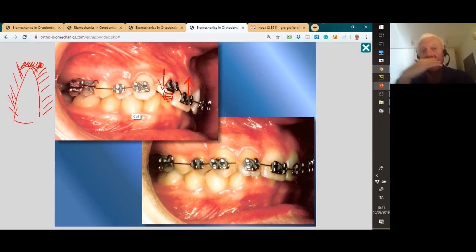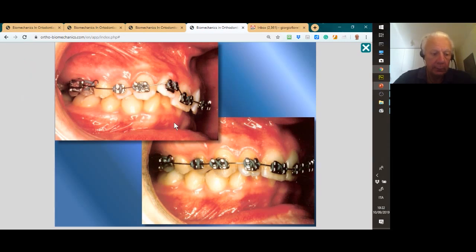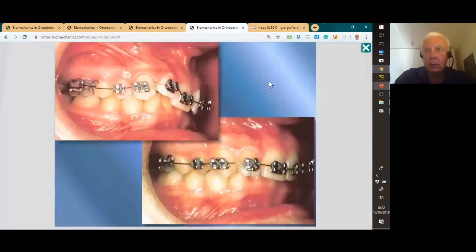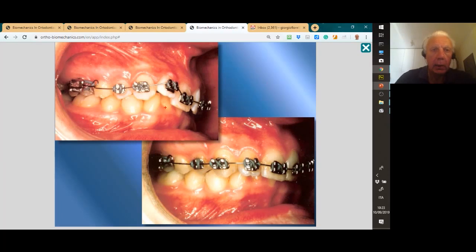If you wanted to get an intrusion of this central incisor, you have to do something which is not including the lateral. So what would you need to do? Actually, sorry, it is to have a wire coming from this area where you have occlusal contact, not having brackets here, and engage the wire into the central incisor.